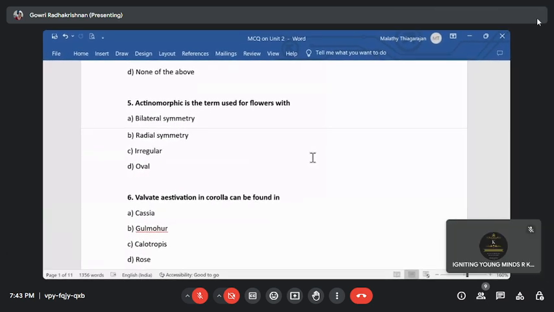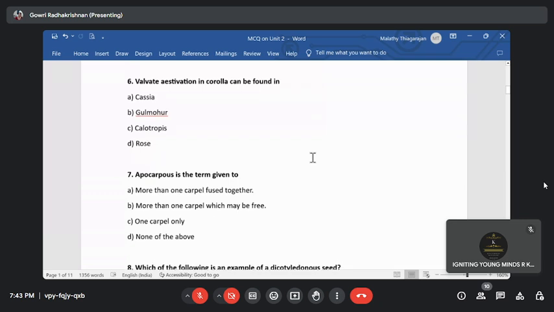Anyway, somebody is trying to answer there. It's having some symmetry. What kind of symmetry? Radial symmetry. That is, it can be divided into equal parts through any axis into two lateral divisions. All right.